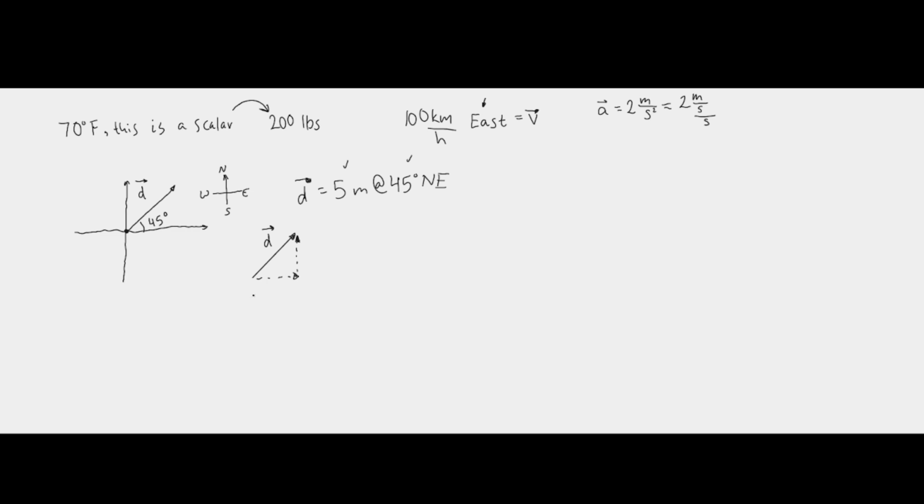And if I took a little person and I started them at this point and they walked to the right and then upwards, it would be the same as if they walked along the hypotenuse of this little right triangle. So this little person would end up at the same spot, which would be right here at this star.